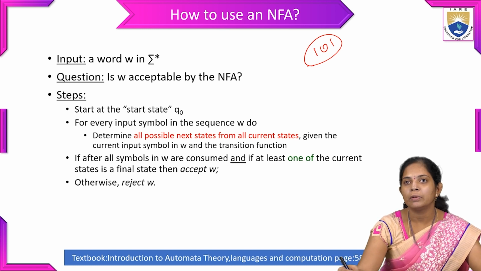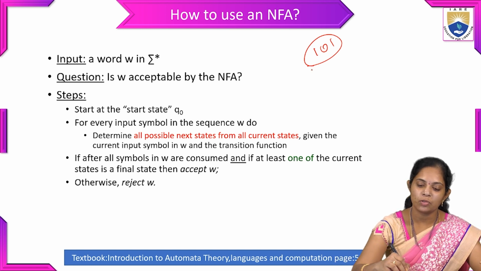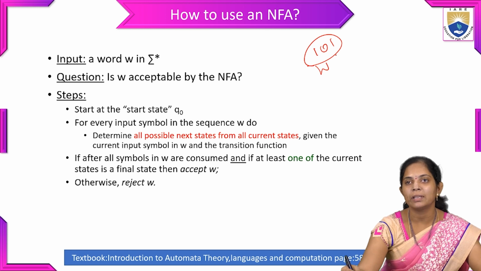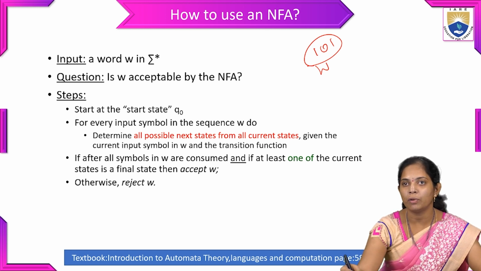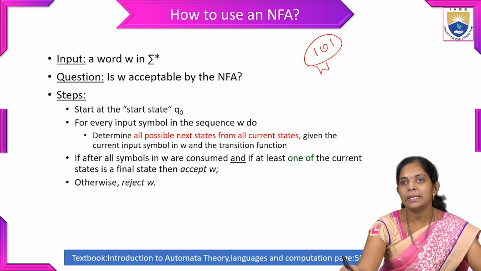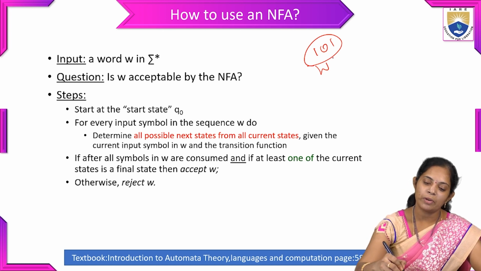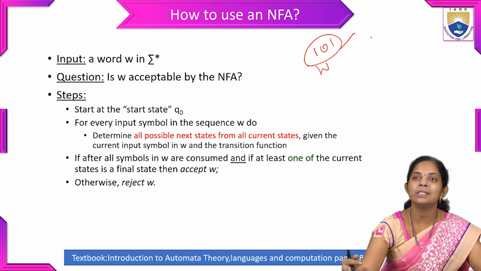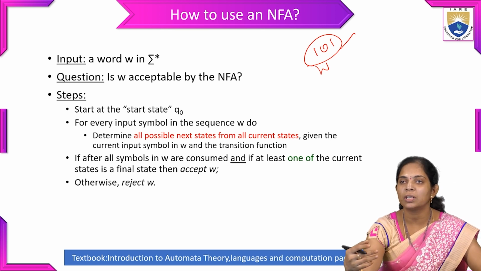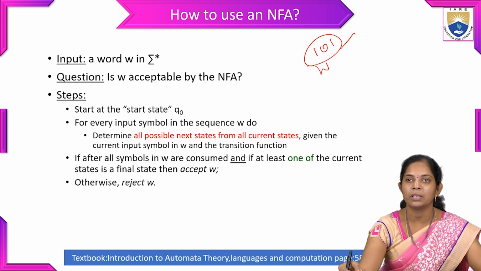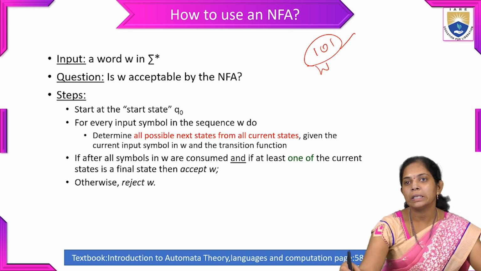The input is W, which has the binary symbols 0 and 1, and the question is: is W acceptable by the NFA? We have to check whether this string is accepted by the constructed NFA with the following steps.